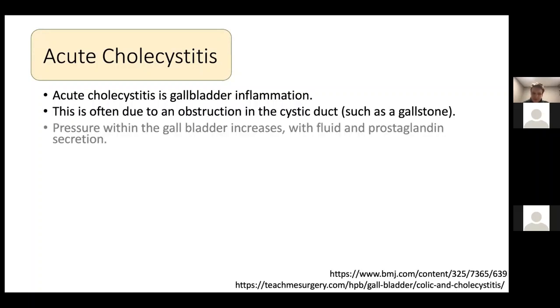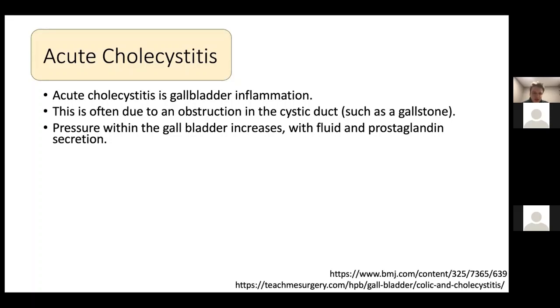So what happens is the stone gets lodged in the cystic duct. As a result, when the gallbladder contracts in response to eating food, the pressure increases, causing prostaglandin secretion, fluid buildup.